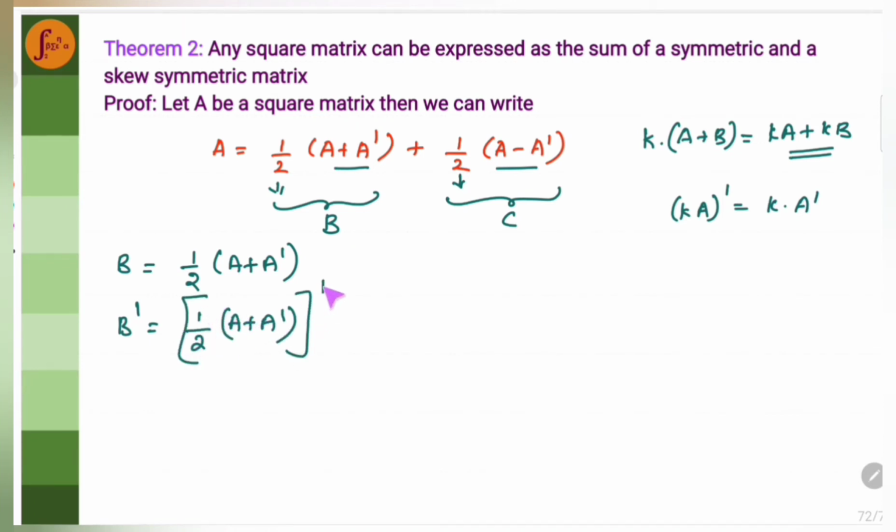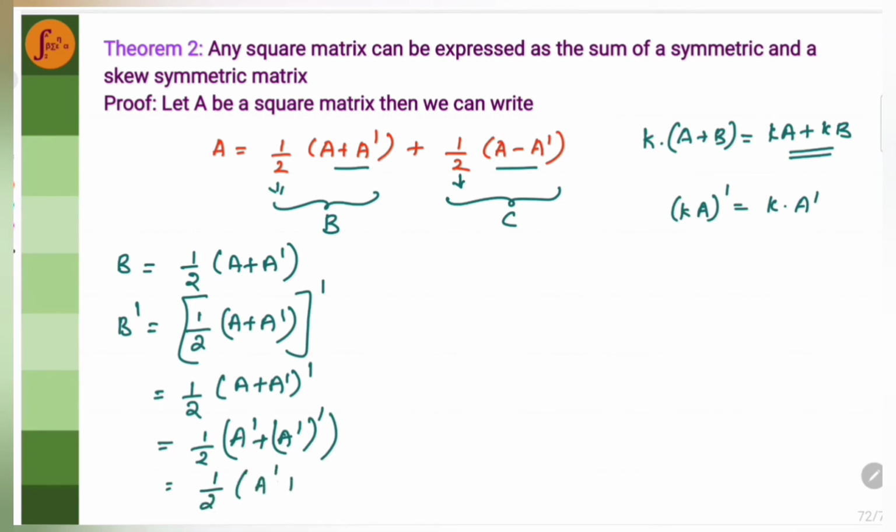Now transpose of half is half itself, right? It doesn't matter for a real number or for any constant. So it will be half itself. And this is going to be (A plus A transpose), the whole transpose. Now we can split this as A transpose plus (A transpose) transpose, right? So now if we simplify this, it's going to be half (A transpose plus A). This is equal to B transpose.